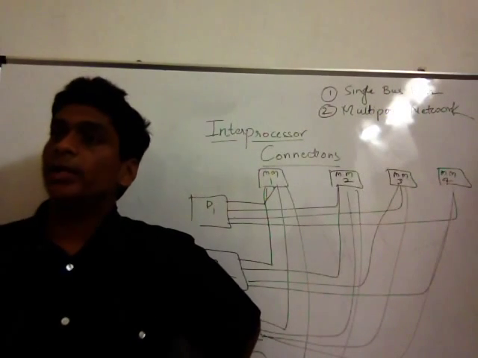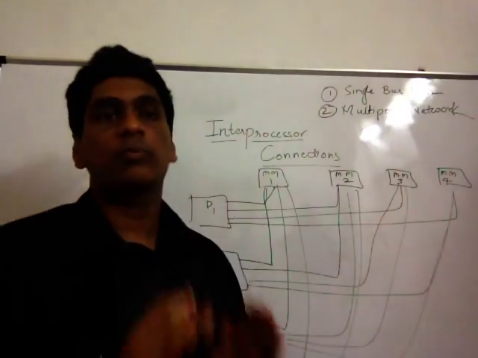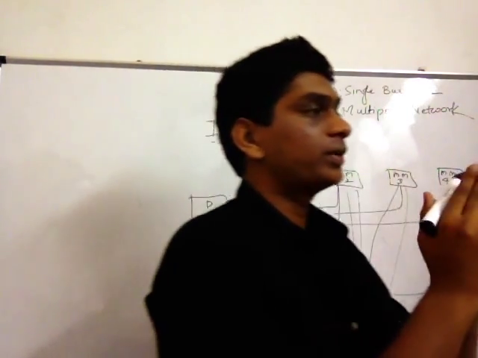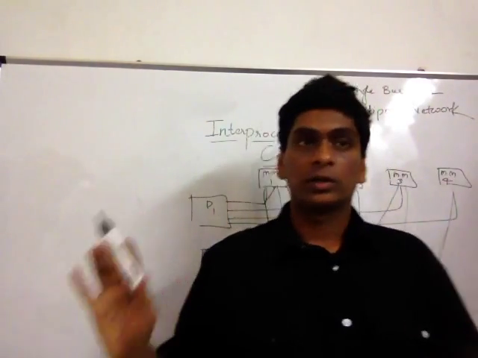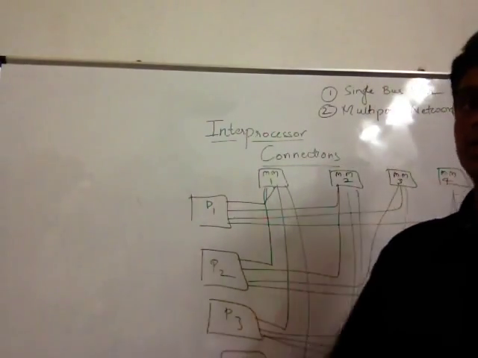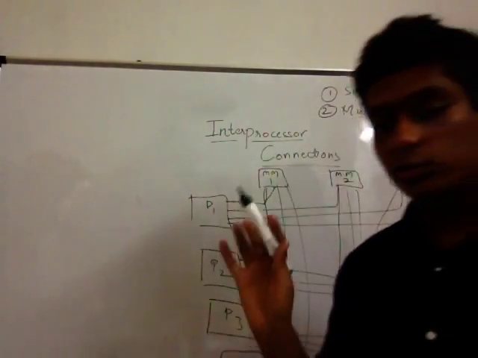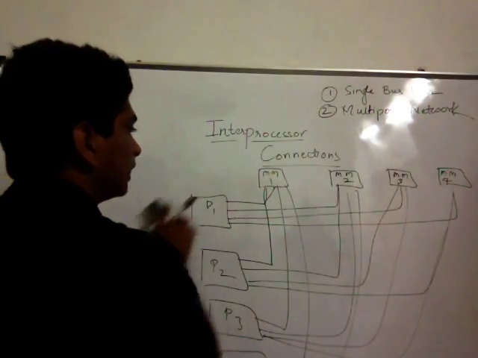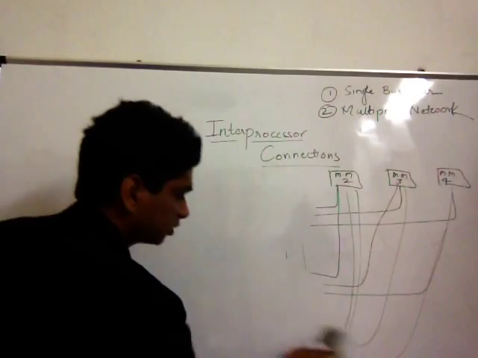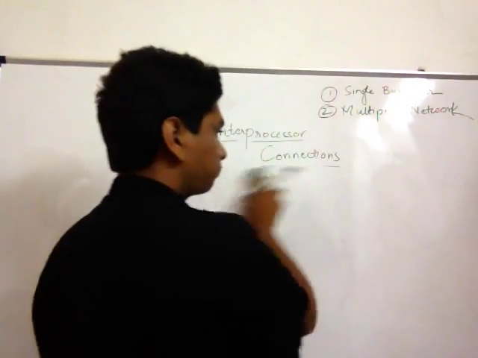It is employed only when you have very few processors and few interconnections to make. So at the end of the day, in a nutshell, multi-port networks are efficient, but you don't employ them. Remember it like that. The next type of interconnection we are going to deal with is the crossbar switch.